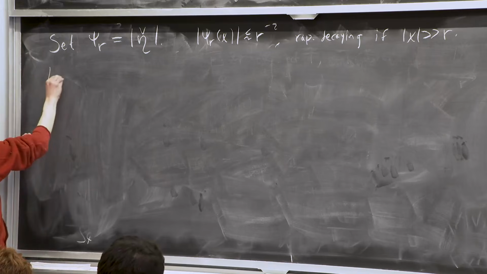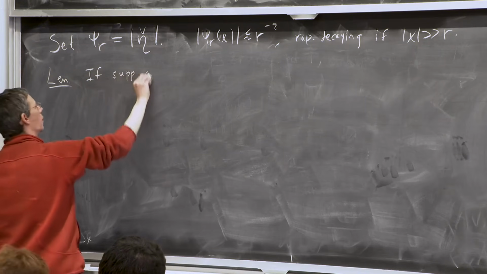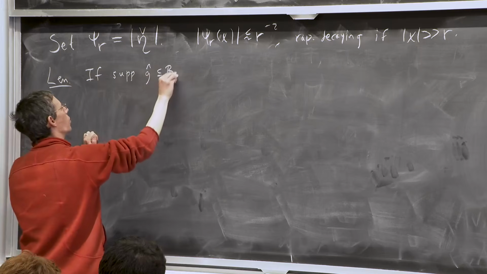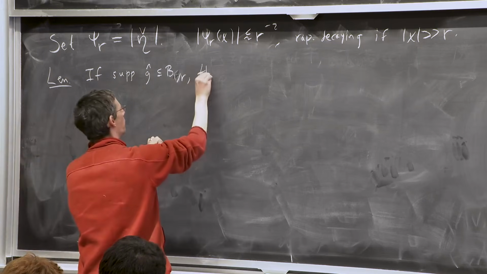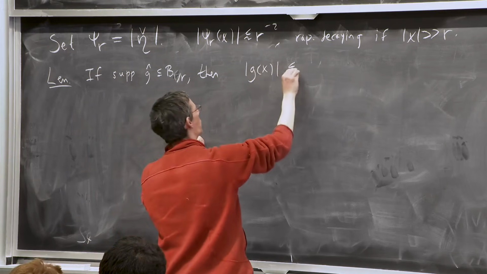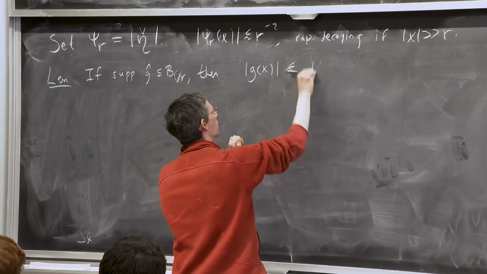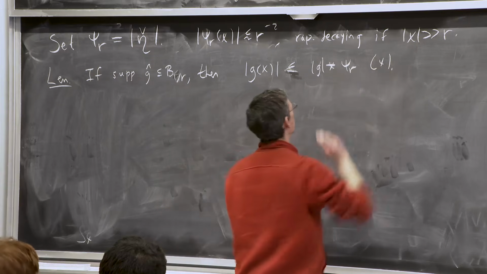And now we can state a lemma. If the support of g hat is contained in the ball of radius 1 over r, then the norm of g of x is bounded by the norm of g convolved with psi r at x.